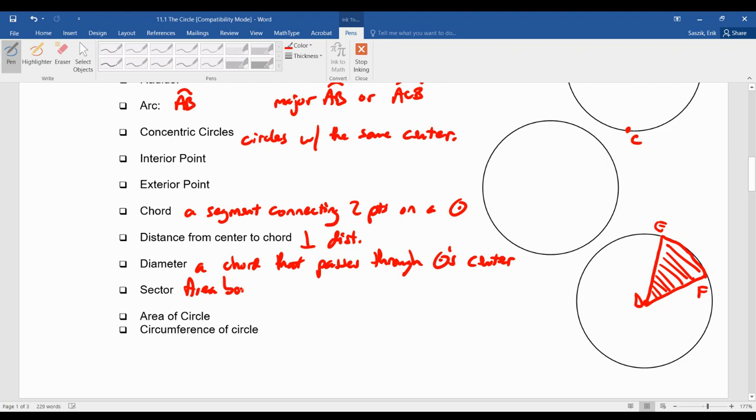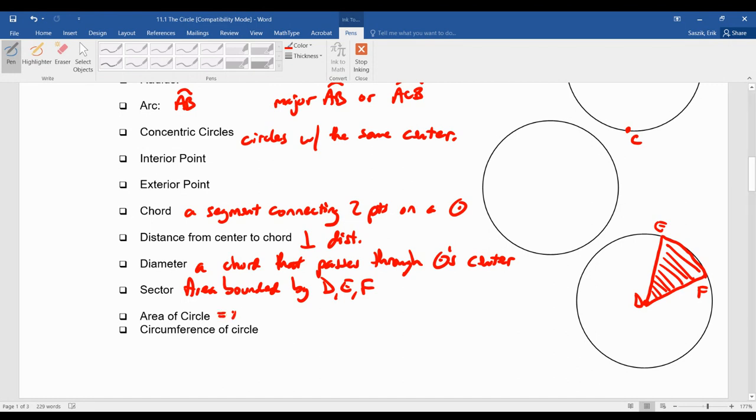It's the area bounded by D, E, and F. It's made up of an arc, in this case, arc EF, and 2 radii. Okay, that's a sector. Obviously, a sector could be very big, could be very small. It's a portion of the circle, though, a fraction of the circle.